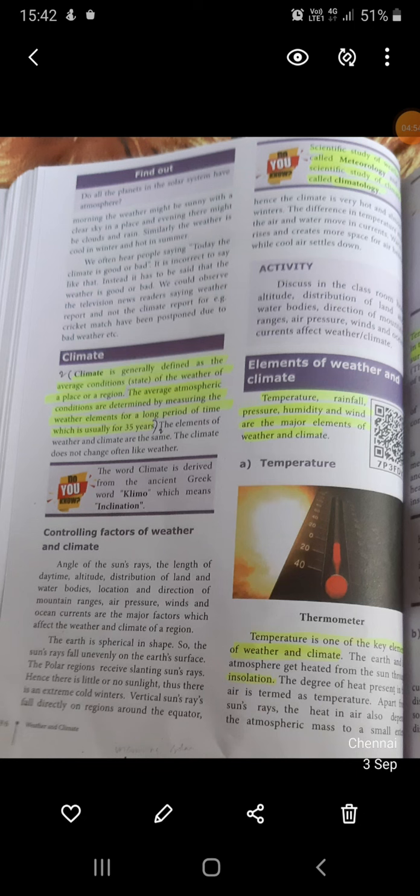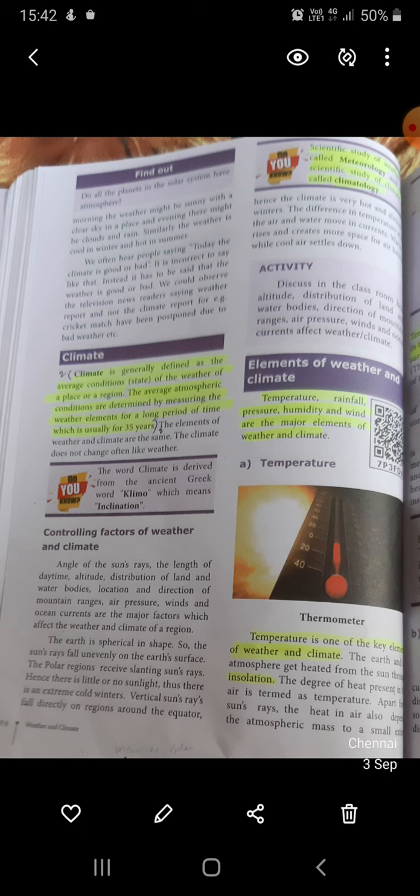Now we can see what is climate. Climate is generally defined as the average condition of the weather of a place or a region. The average atmospheric conditions are determined by measuring the weather elements for a long period of time, which is usually 35 years. We all understand, children?